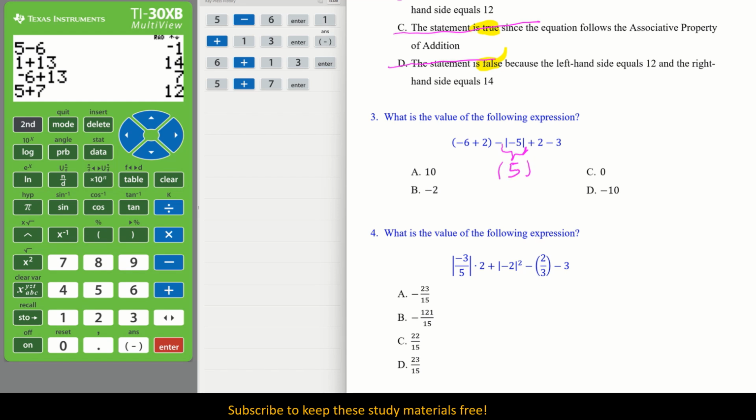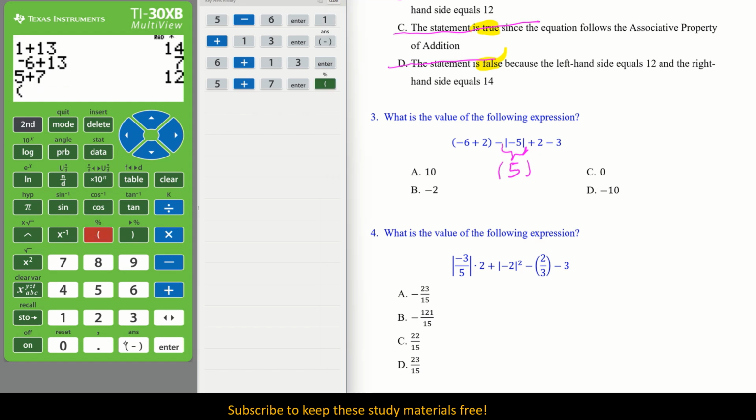Easily solved. Now, when I'm taking a test, I type in what is written, what I have on my paper, exactly that way. I don't try to change anything because you're testing, just to be safe. And let's follow our order of operations also.